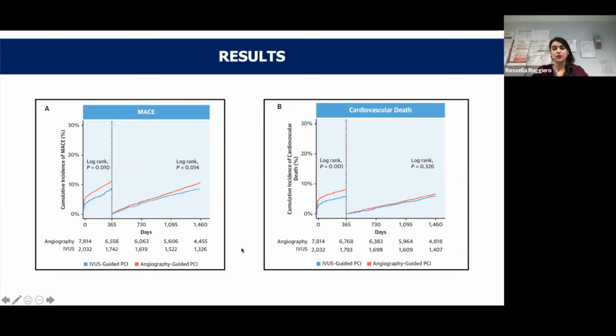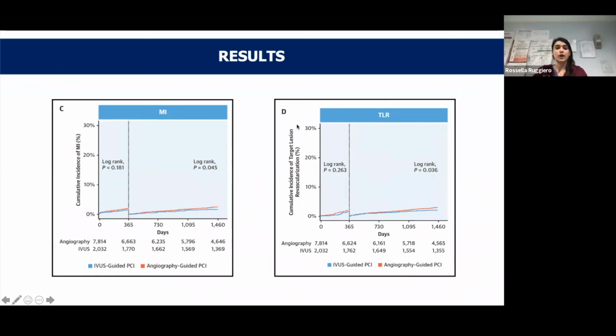Dividing the MACE into each single component, as you can see, for cardiovascular death the statistical significance of the benefit of IVUS-guided PCI was much higher within the first year, while after 1 year there were no differences between the two groups.